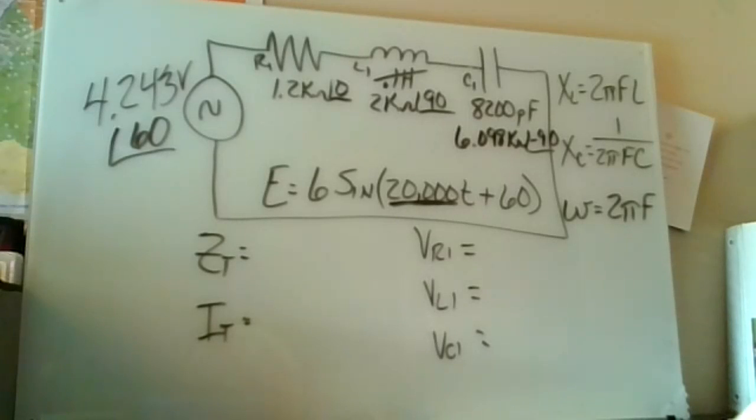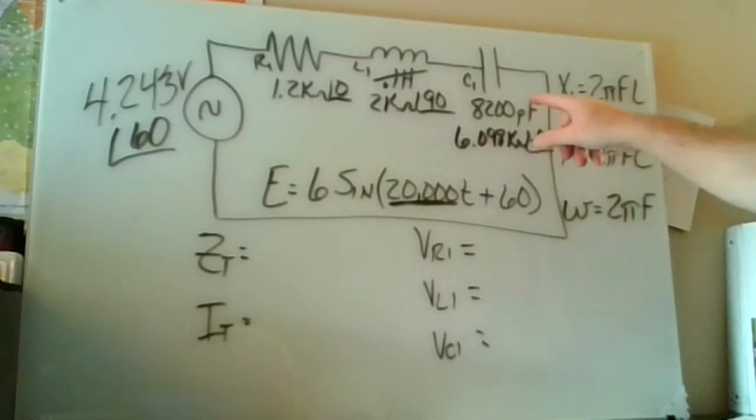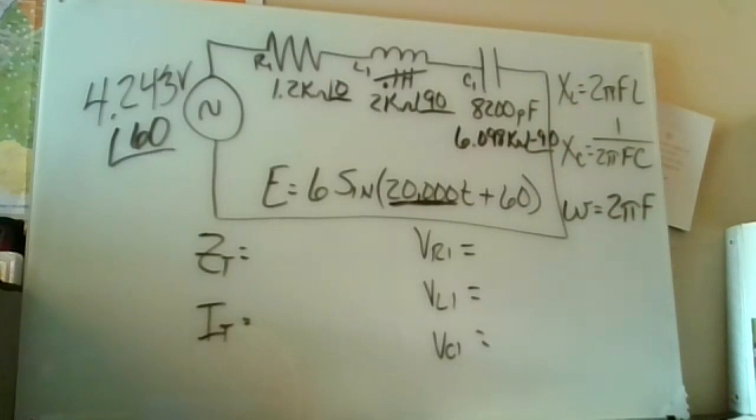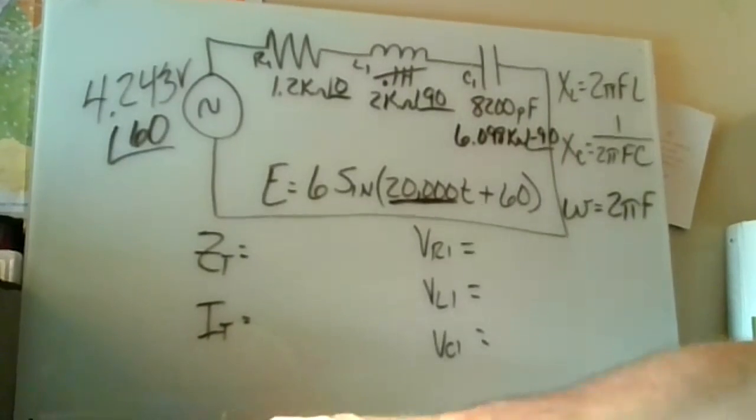So everybody, if you did not get that, punch that in the calculator and make sure you get 6.098 K ohms at an angle of negative 90. Like I said, 20,000, which is your 2 pi f, times 8,200 pico. So 20 exponent 3 times 8,200 exponent negative 12 equals, and then your shift reciprocal.